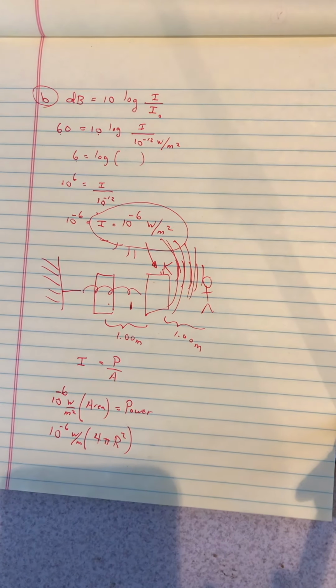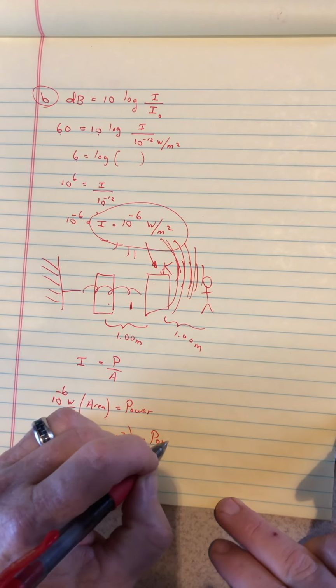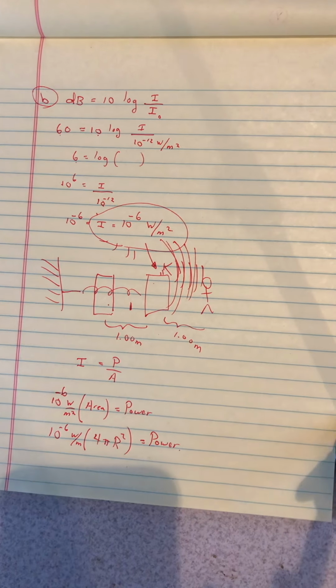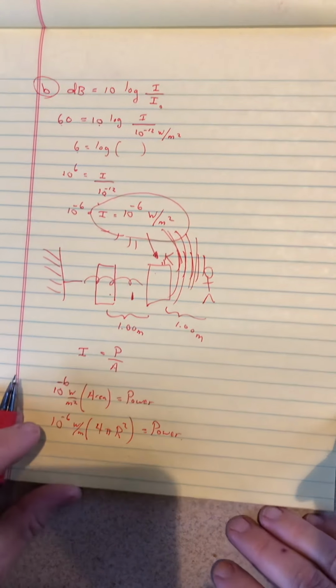The surface area of a sphere is 4 pi r squared. That's going to give us the answer to how much power is coming out of this speaker. And that's the key to figuring out what the intensity or the sound level is at any other point, because we know the power is going to continue the same amount.